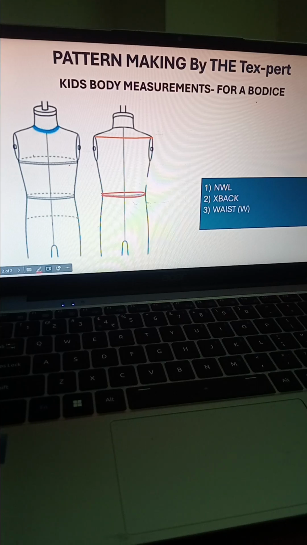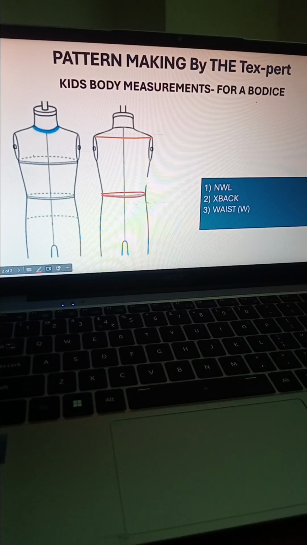So instead of measuring the bust area, we are considering the cross back to cater for the upper part of the body. It is the wider area. Cross back here is the widest. Some people measure back width, from here to here, but only if you have the measurements for the chest or the bust. For a kid, we are only considering the cross back, the natural waist length, and the waist.